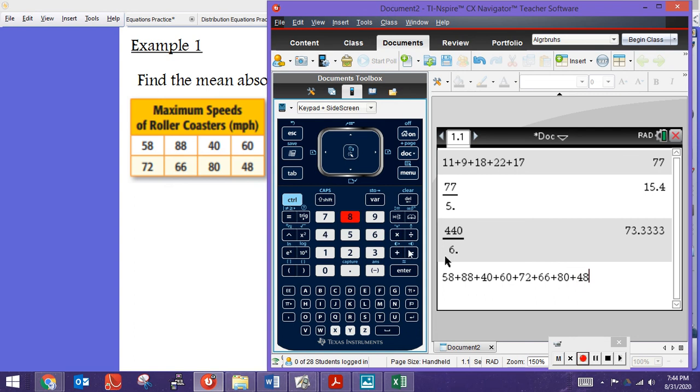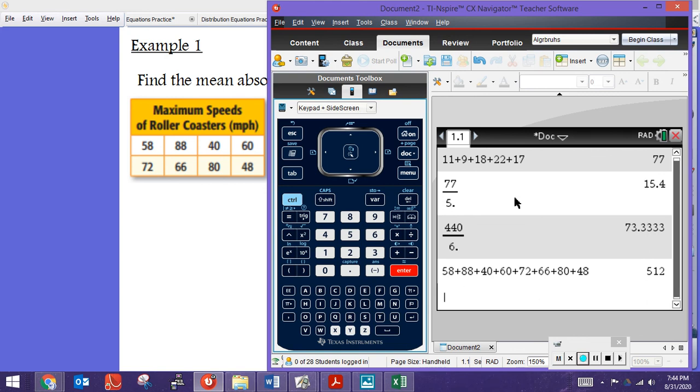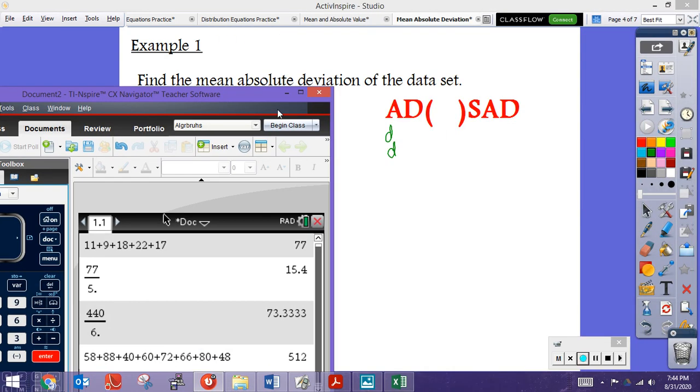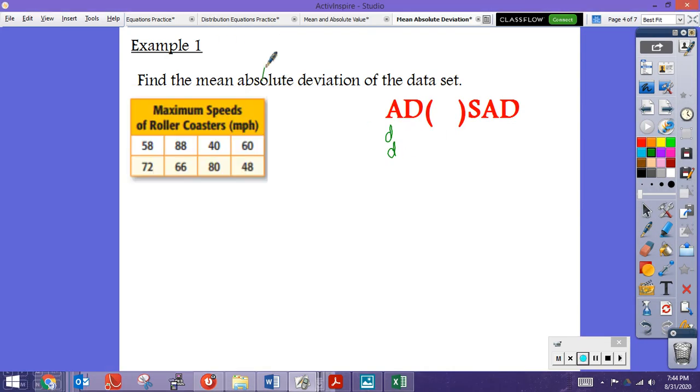Right? So add all that up and you get 512. So that's the A, add. D is divide. So when I added that up, I got 512.